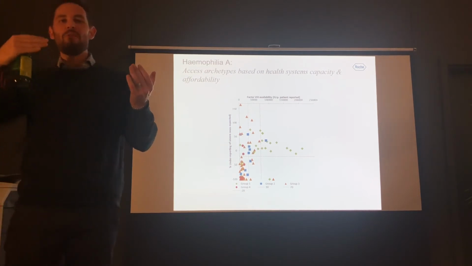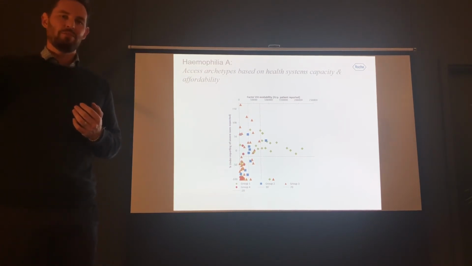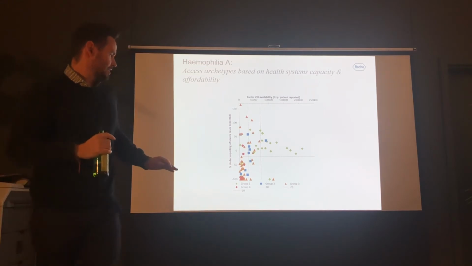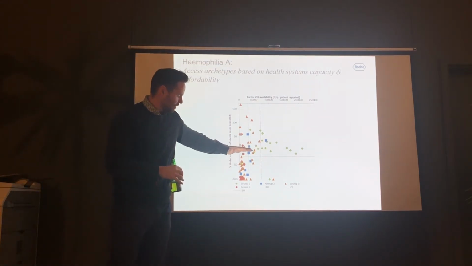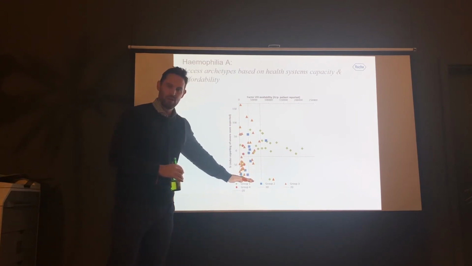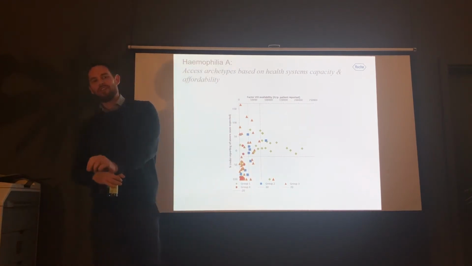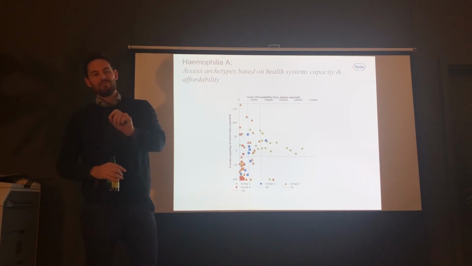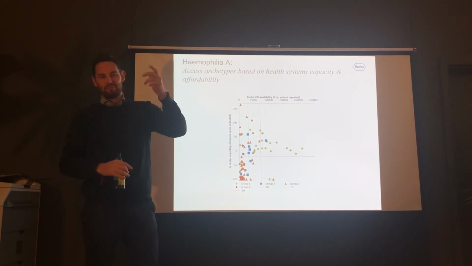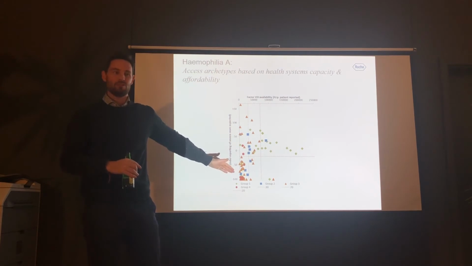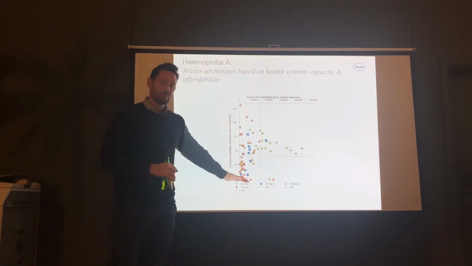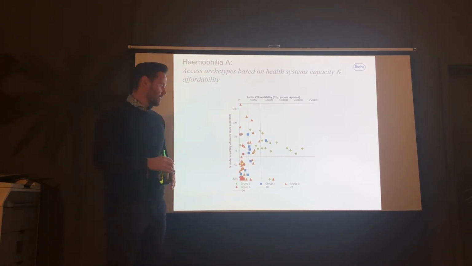Then we looked at how much is reported in these countries. This line is the threshold, which indicates that all the countries lying below it report much less hemophilia than we would expect based on our model. Our model would say there's much more, but they report much less. So everything below this probably has a diagnosis issue.